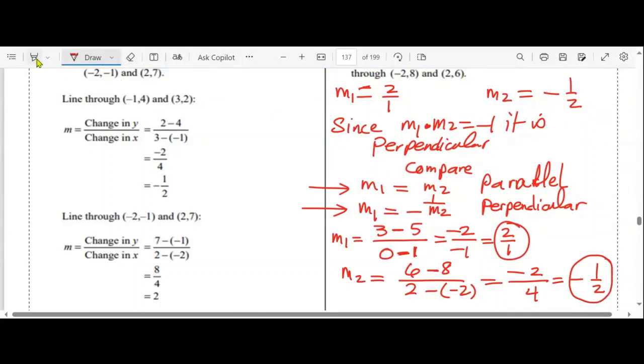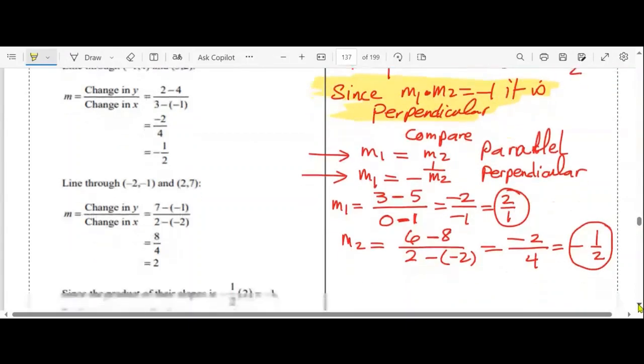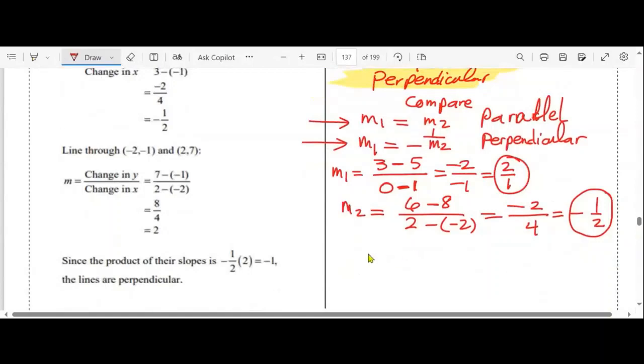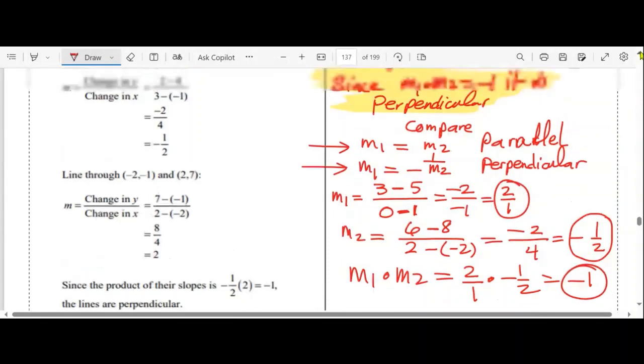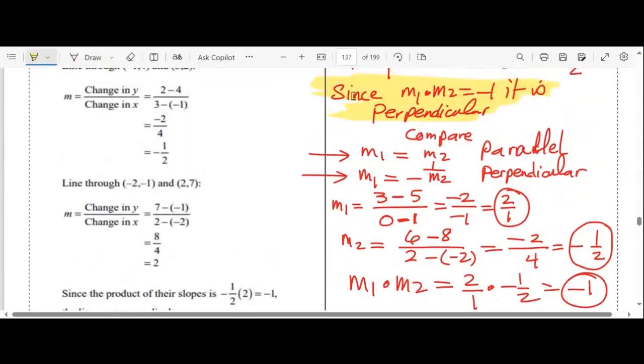So both of them give you the answer negative 1 if you multiply. I will show you how to multiply. You multiply M1 times M2, which equals 2 over 1 times negative 1 over 2. That gives you negative 1. So since you have negative 1, then it's perpendicular. Is this clear?